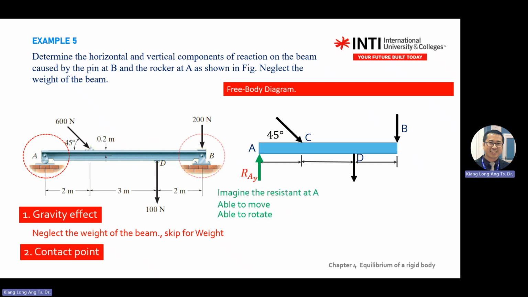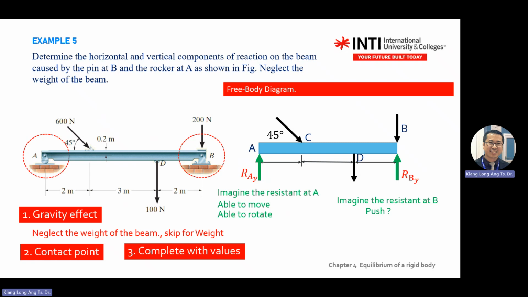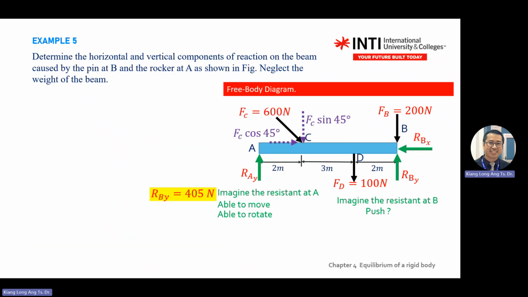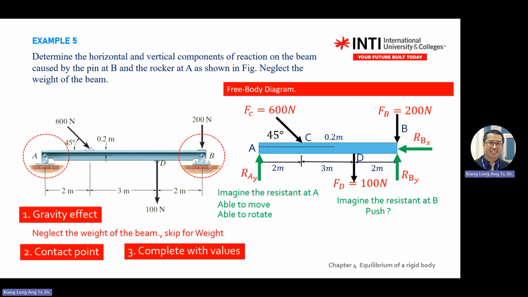Okay, then you put in resultant or support. Okay, in this case, I think I missed out my AY, X, RBX there. Yeah, there is. Okay, so this is a complete one. Then you solve. Look carefully, there's a 0.2 meter.